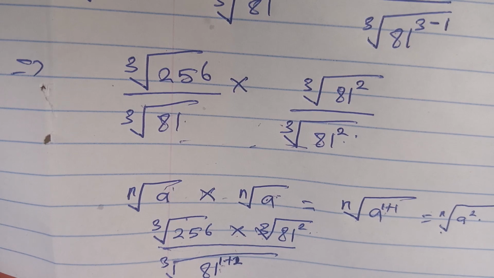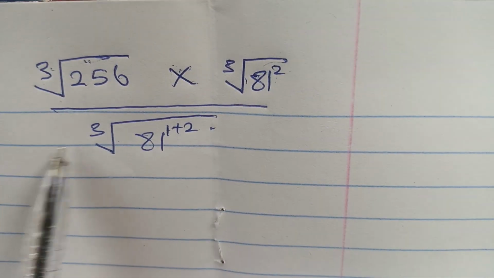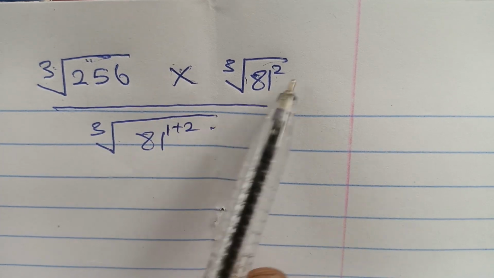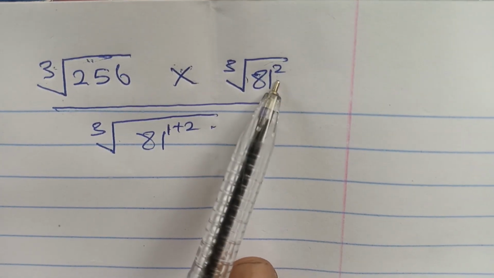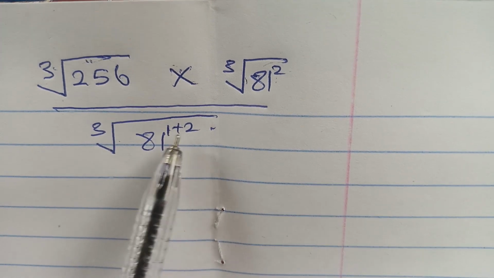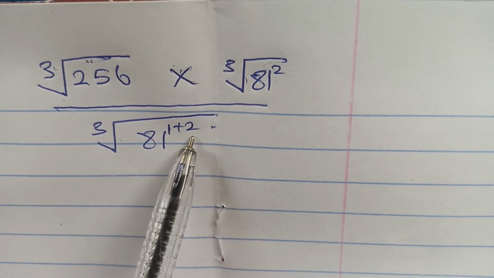So let's solve further. Since we now have the cube root of 256 times the cube root of 81 to the power of 2 over the cube root of 81 to the power of 1 plus 2, what are we simply going to do from here?